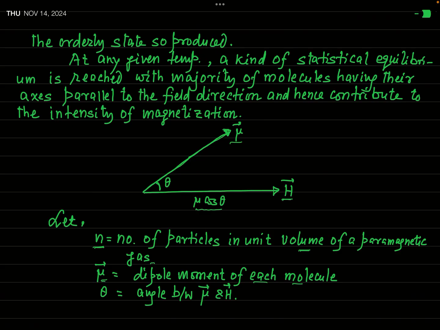Although you will see later that this is one of the drawbacks of this theory, because due to thermal agitation, the dipole moment of each molecule cannot be equal; it should vary from minus infinity to plus infinity. But in the Langevin assumption, it has been assumed that each atomic or molecular dipole has the same dipole moment, which is assumed to be mu. And as I have shown, this mu makes an angle theta with the magnetizing field H.